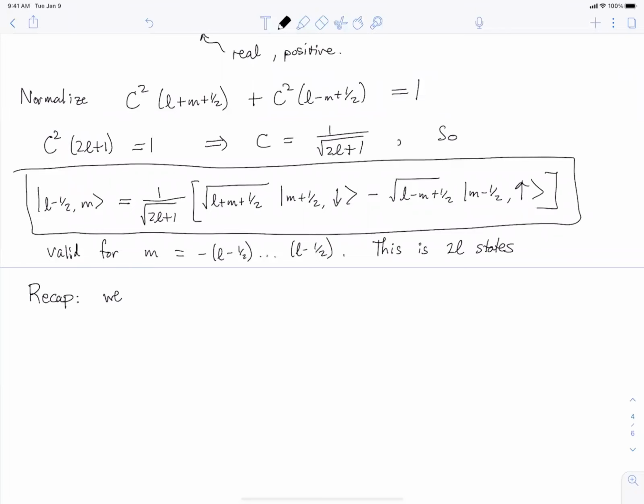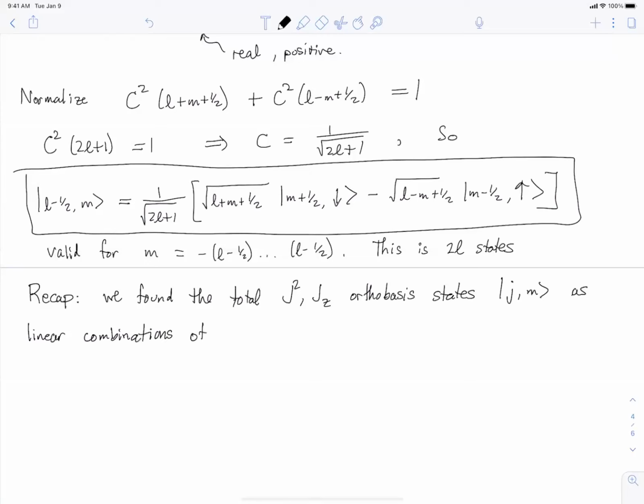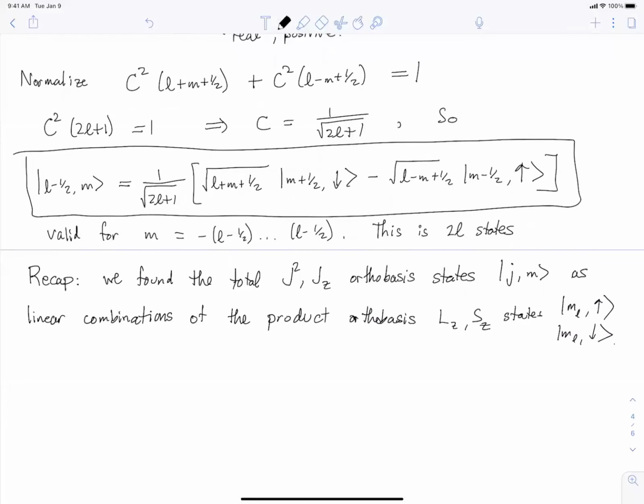So recap, we found the total, that means J squared, J sub Z, orthobasis states |J M> as linear combinations of the product orthobasis, which means L sub Z and S sub Z in this case, states, which were M sub L and up arrow and M sub L and down arrow. Okay, any questions on that?